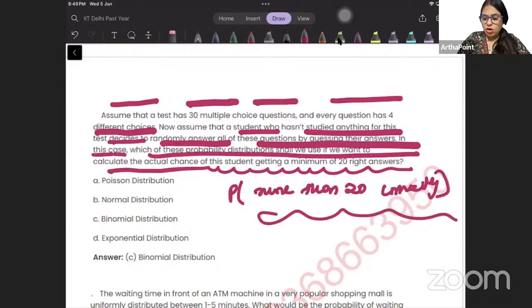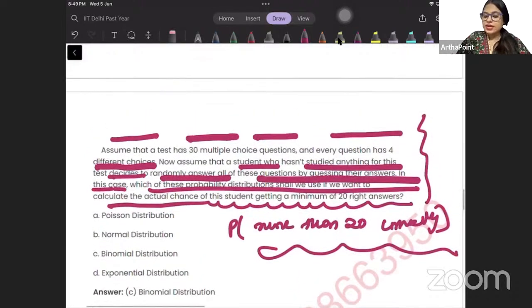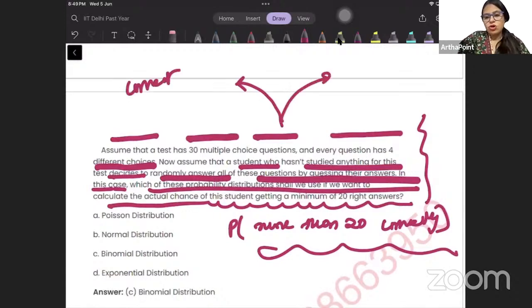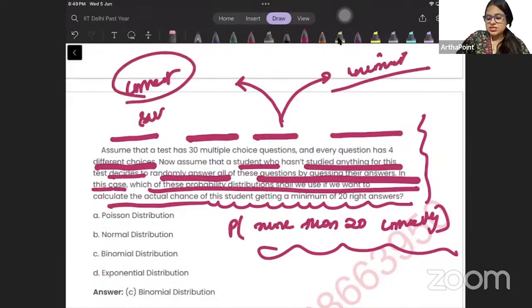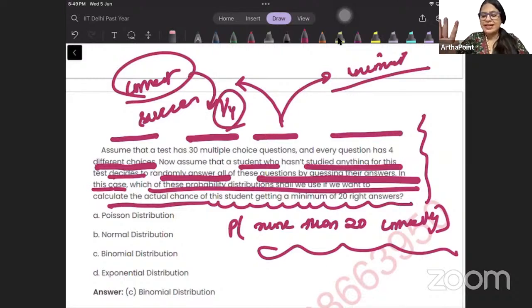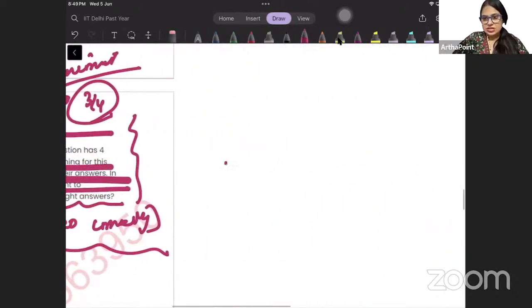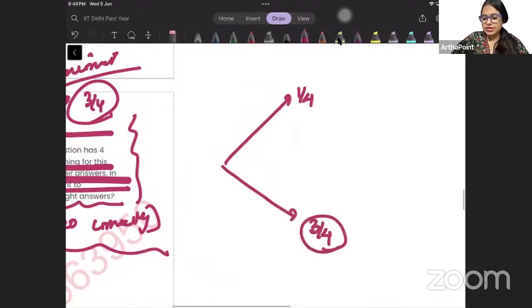But in these kinds of questions, there are only 2 things. Either the answer is correct or the answer is incorrect. When the answer is correct, that is success, with probability 1 by 4 because only 1 answer out of 4 can be correct. When the answer is incorrect, the probability will be 3 by 4. Right? So for each answer, he is going to either answer it correctly with probability 1 by 4 or incorrectly with probability 3 by 4. This is for each question.